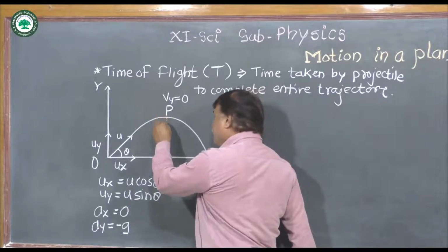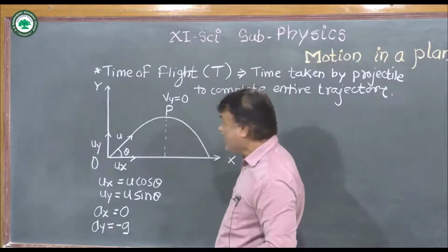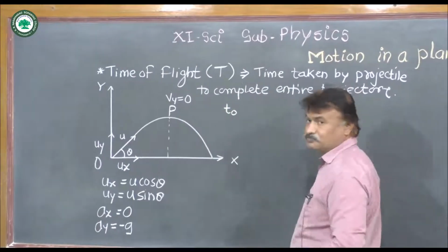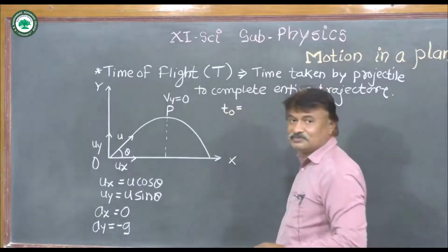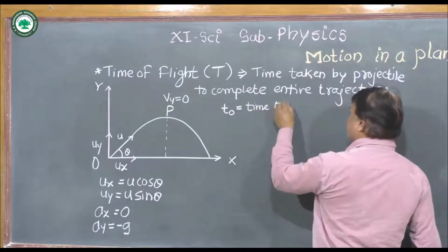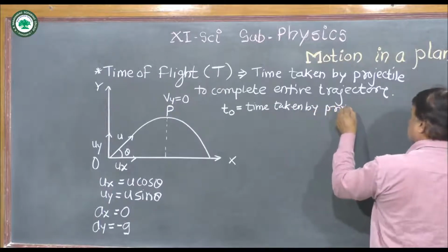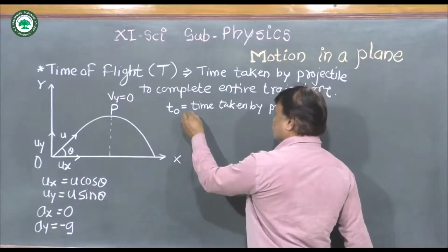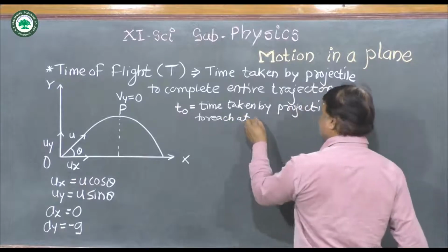The time required to reach maximum height is say t0. So remember that. What is t0? t0 is the time taken by the projectile to reach maximum height.